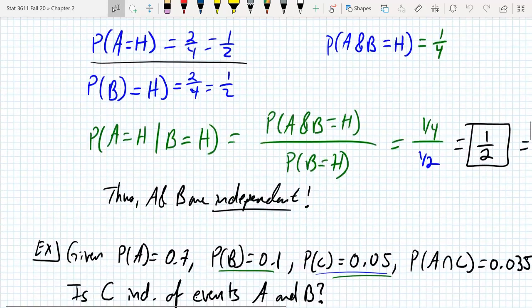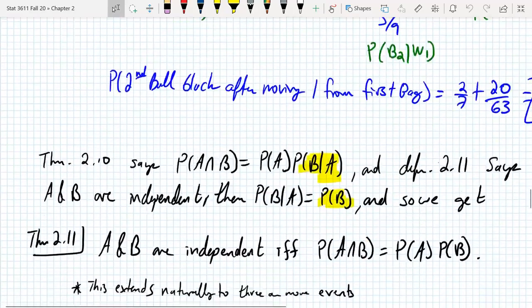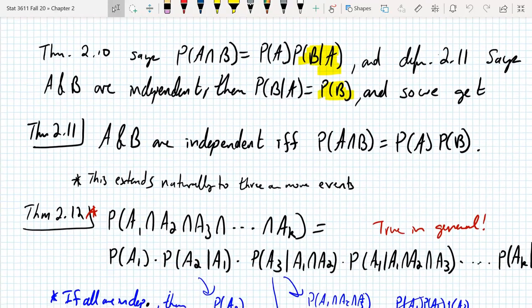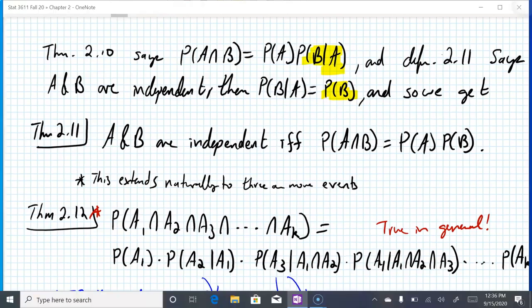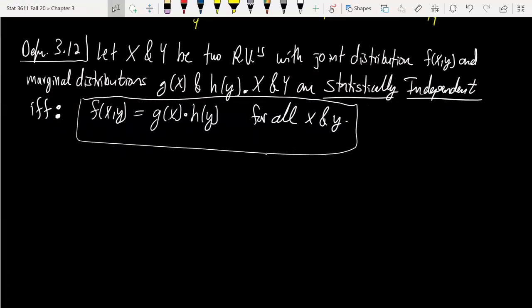That's true. That's not the one I was looking for here. Looking for a different theorem. Theorem 2.11. A and B are independent if and only if the probability of A intersect B is the product of the individual probabilities. Probability of A times the probability of B. Look at Theorem 2.11. That parallel with what we have here. The joint PDF, the joint probability, is equal to the product of the individual or the marginal probabilities, right? Look at those parallels, all right?